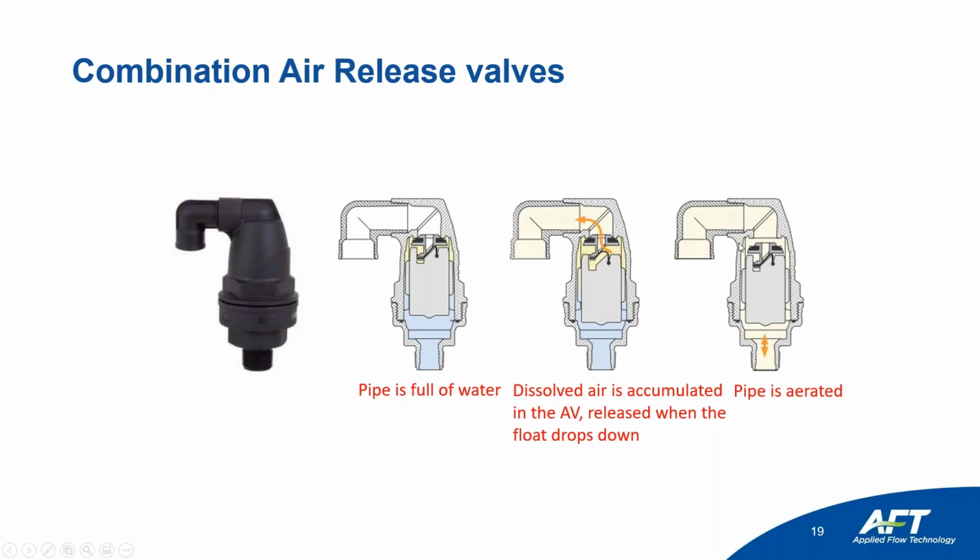When a large amount of air is accumulated, when you're filling the pipe or vacuum occurs, the whole system is pushed down and the big orifice is released. So these are the two functions. The first function is releasing a small amount of air while the pipeline is in operation, and the other one releases or admits a large amount of air when the pipe is being filled or vacuum occurs.